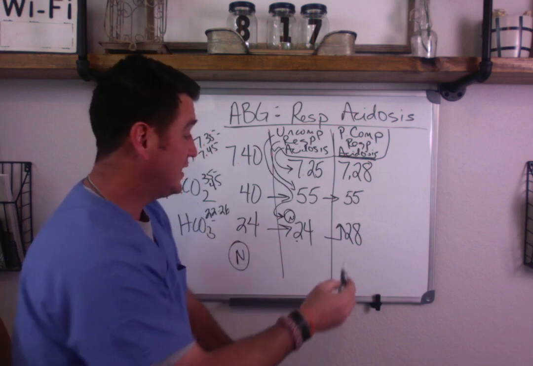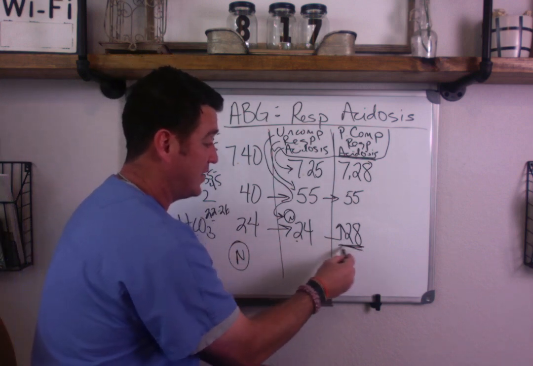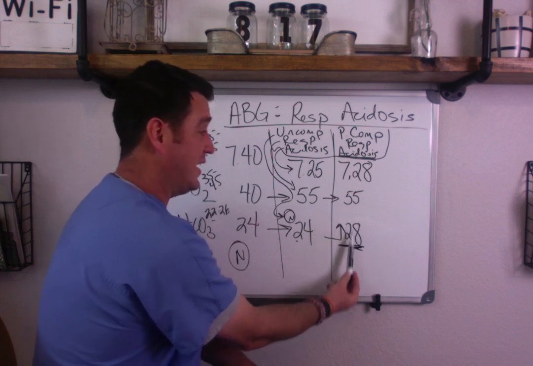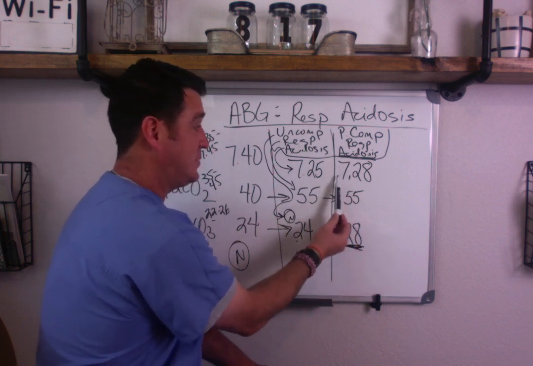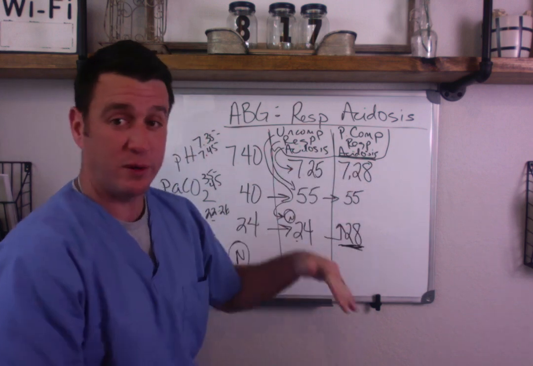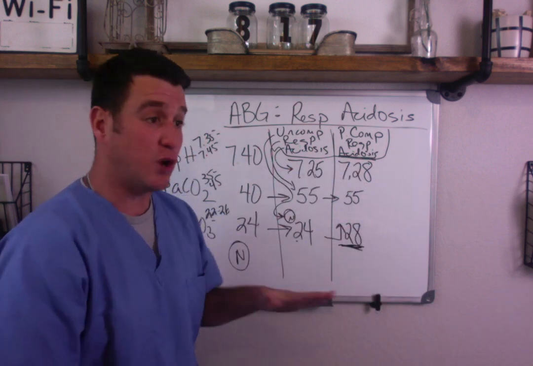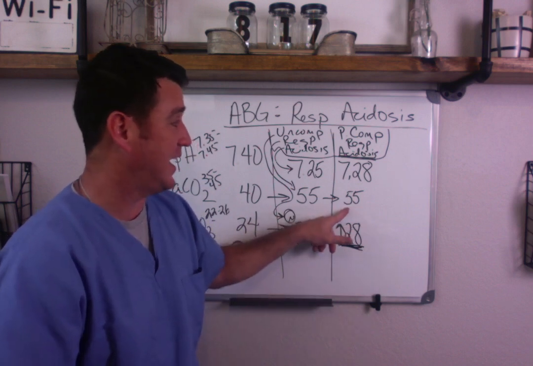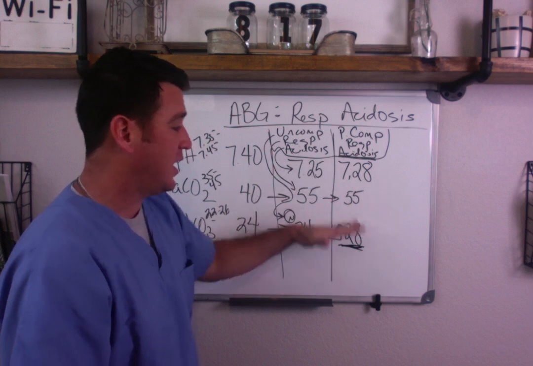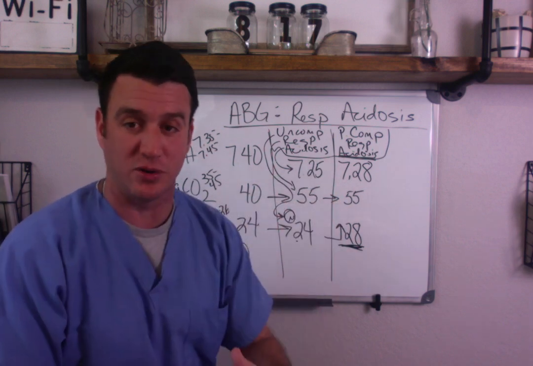That tells you that the compensatory mechanism, the bicarb, is increasing. As the bicarb increases, it'll pull the pH back up towards normal 7.35 to 7.45 to try to compensate for this high CO2. Now, how do you know what the problem causer is and what the compensatory mechanism is?